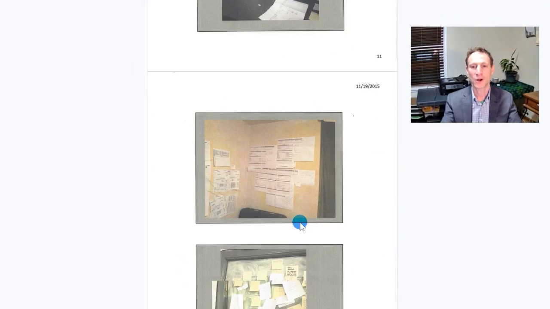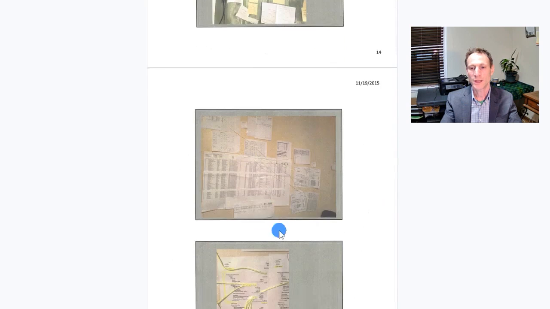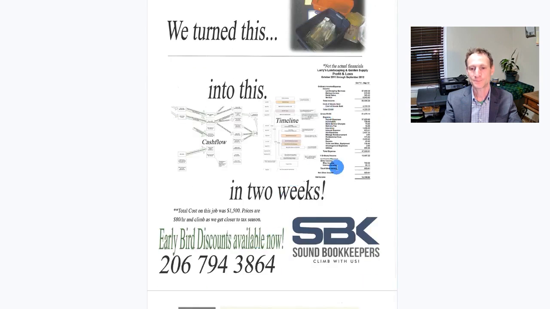Paper is a lot harder to work with, but we can do it. Eventually, we have to start making diagrams. I use the walls for that sometimes. Think of it like an FBI profiler trying to tie what is this number and how does that get over here, and categorizing things until at some point we can come up with something that looks like a set of financials.